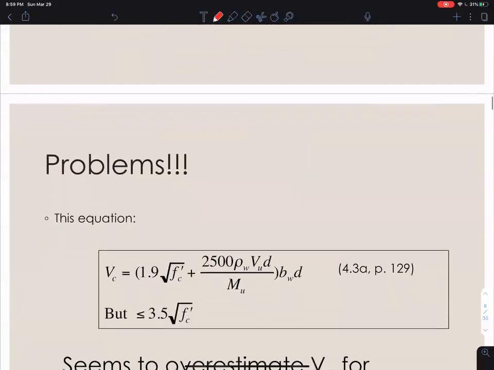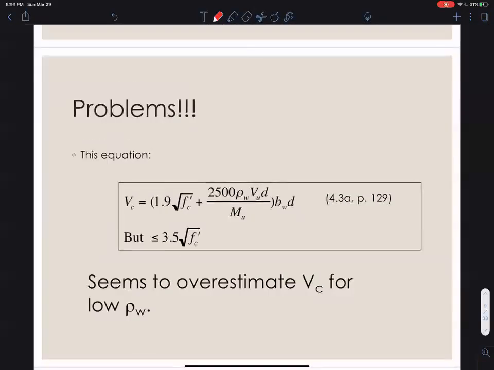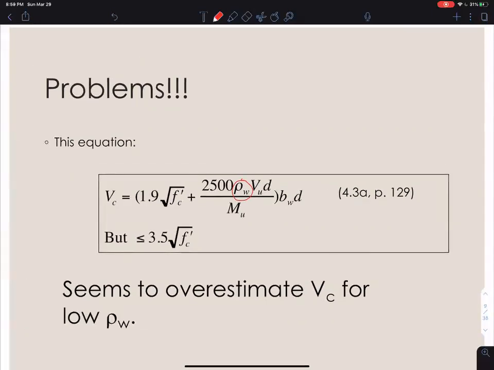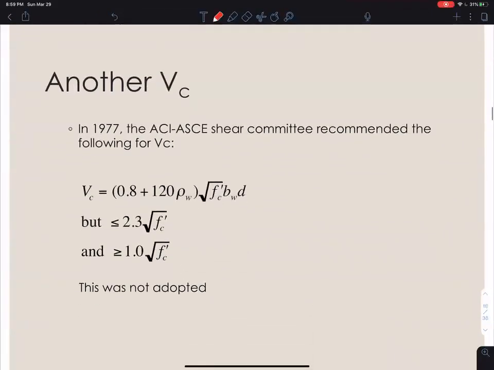And some of the concerns about this equation were that it seemed to overestimate Vc for low shear web reinforcement ratio. And so just this past year, there's another equation for Vc.